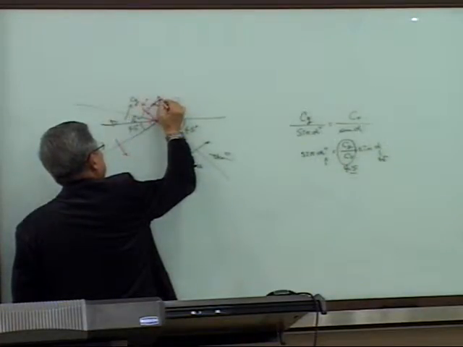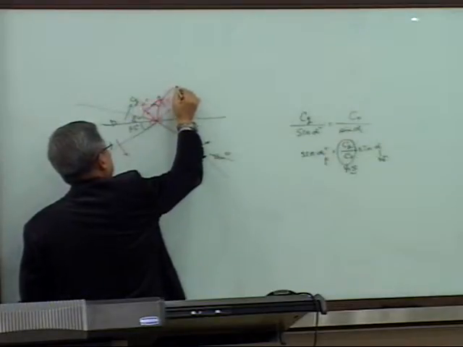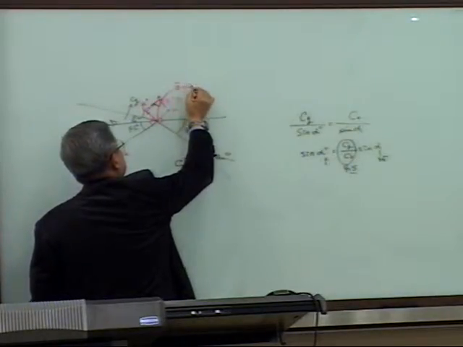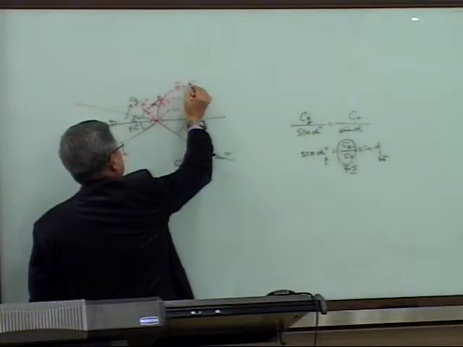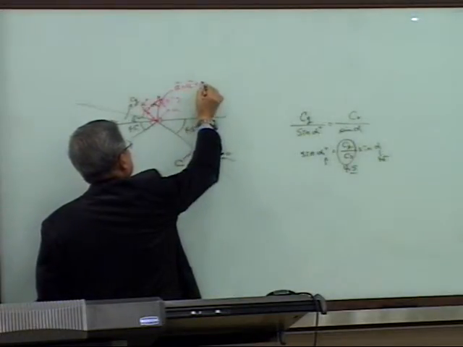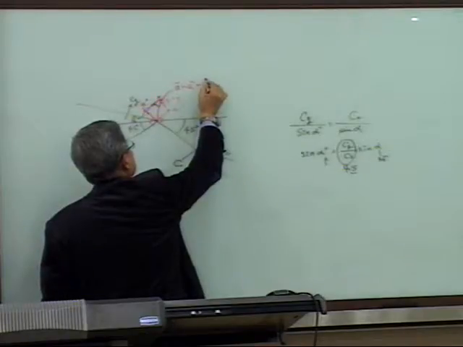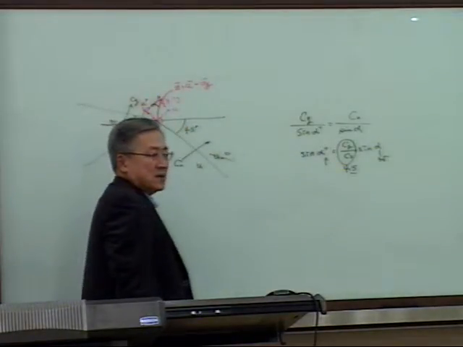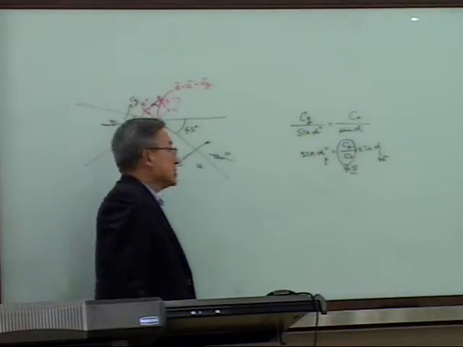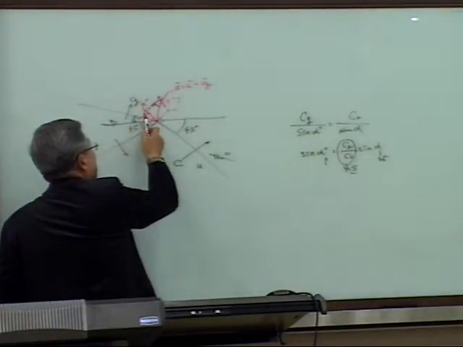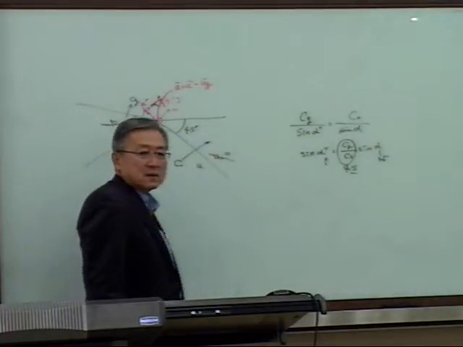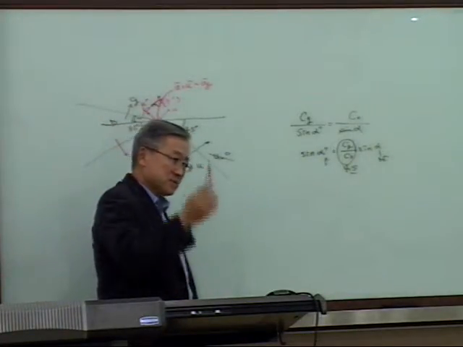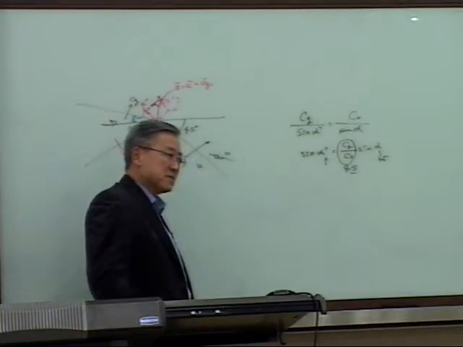So the summation, this vector U plus, I say it's a vector, is equal to the UG vector. So it's going almost straight up. Because U and U prime are the same. First, the common sense, physics first.